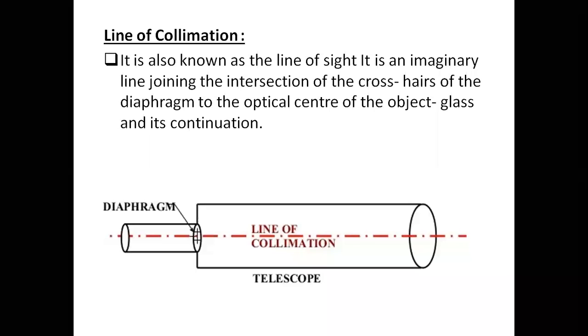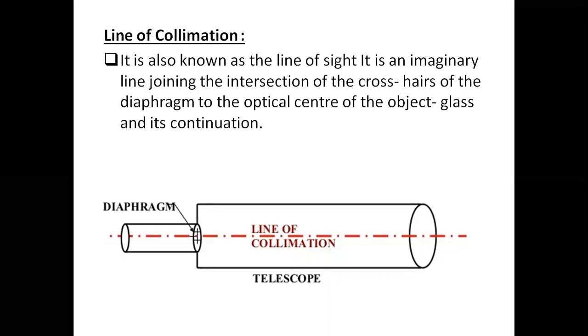What is meant by crosshair: when you look at the telescope, there is an eyepiece, and on that there are cross marks engraved for the exact focusing of any point. These are the crosshairs. And optical center of the object glass means there is an object glass on the object face.